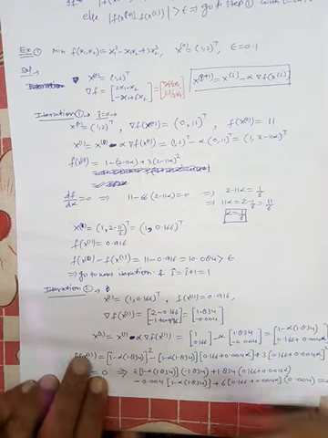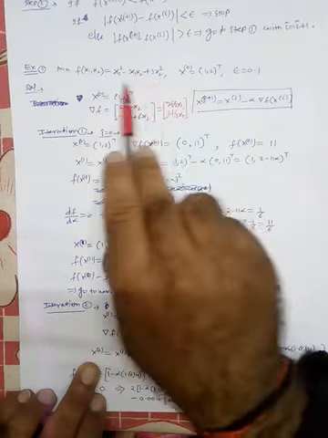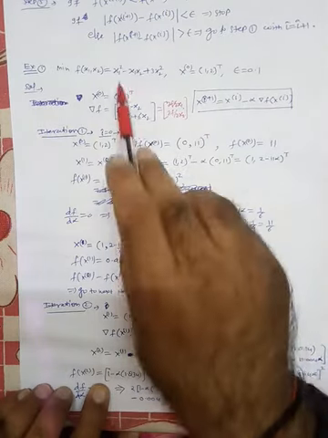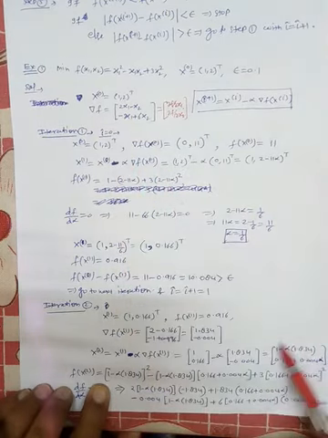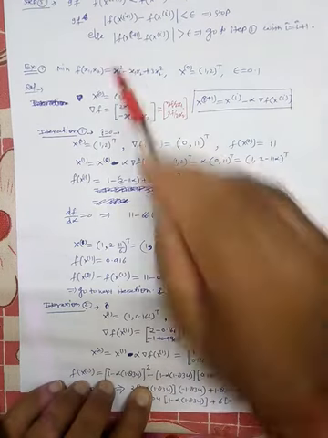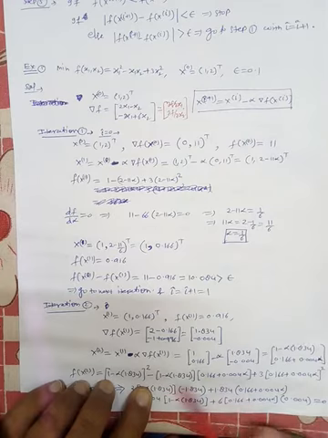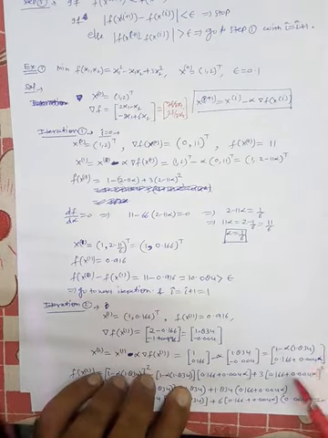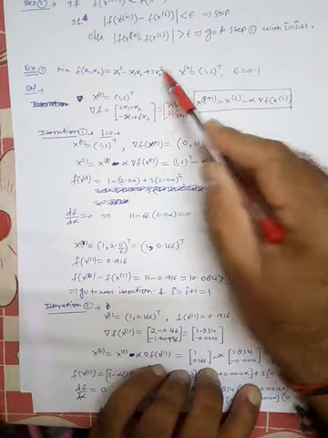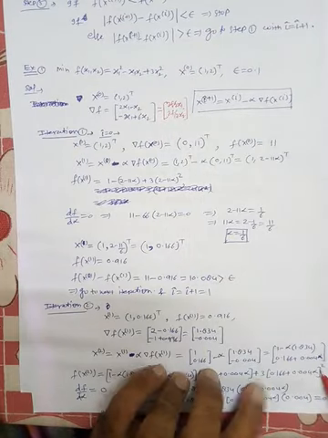Now substitute x2 in this function. So we get f of x2 is equal to x1 whole square, so this value whole square, minus x1 into x2, where x2 is this quantity, plus 3 times x2 whole square, this quantity whole square.